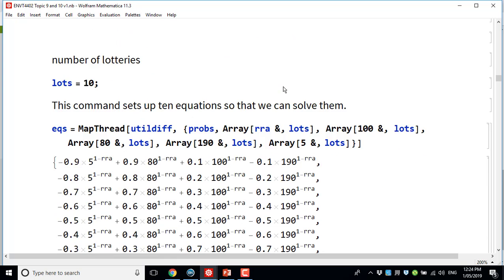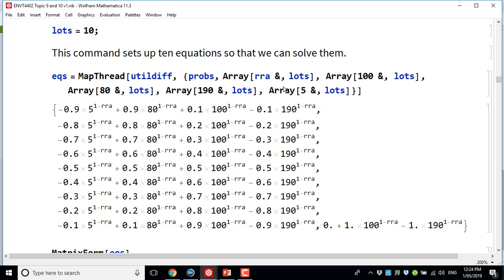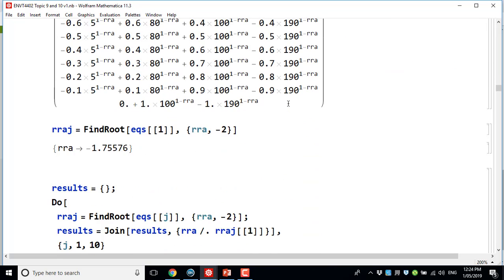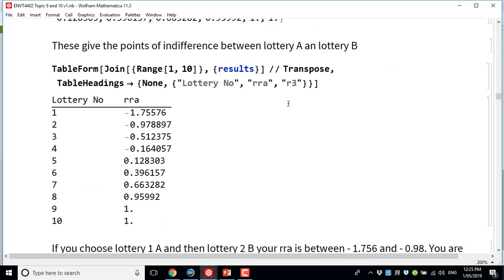Okay, so we can take the original 10 numbers and then estimate people's risk attitude. But what I just want to show you is the point of indifference between lottery A and lottery B. The point of indifference is when this difference, the expected utility from option A minus the expected utility of option B, would be 0.